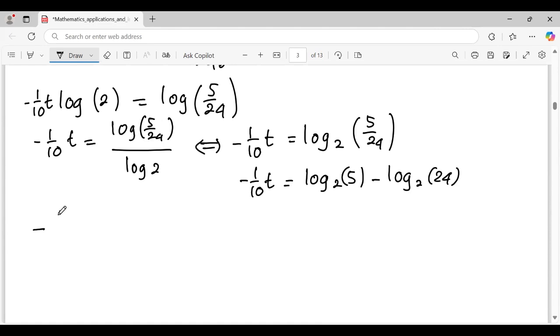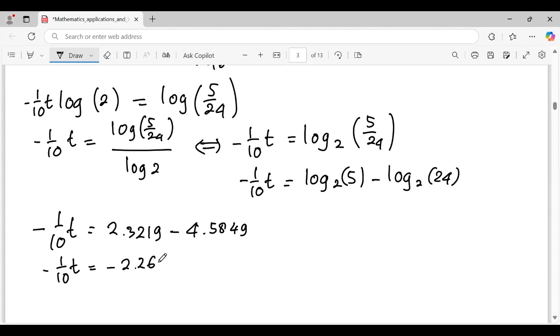So minus 110t equals log base 2 of 5, which is 2.3219, minus log base 2 of 24, which is 4.5849. So minus 110t equals minus 2.263.